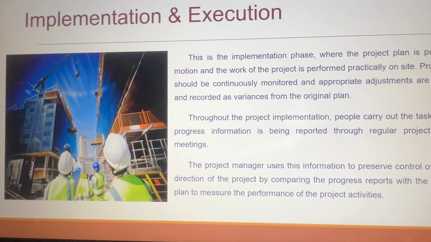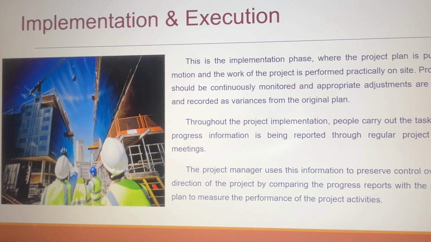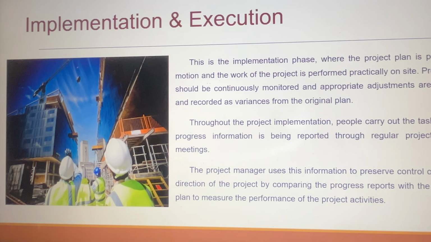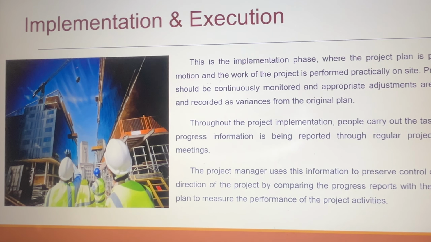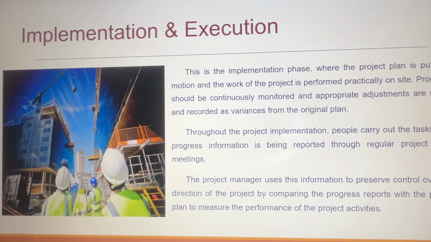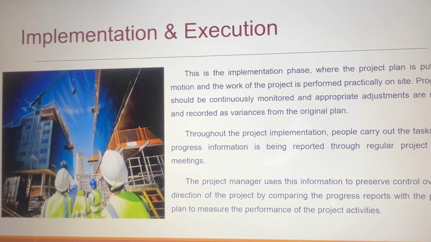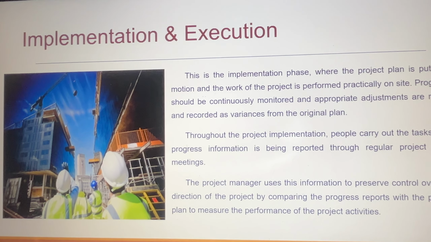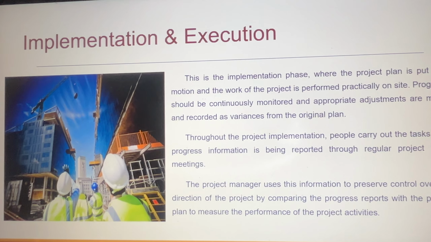The project manager uses this information to preserve control over the direction of the project by comparing the progress reports with the project plan to measure the performance of the project activities.